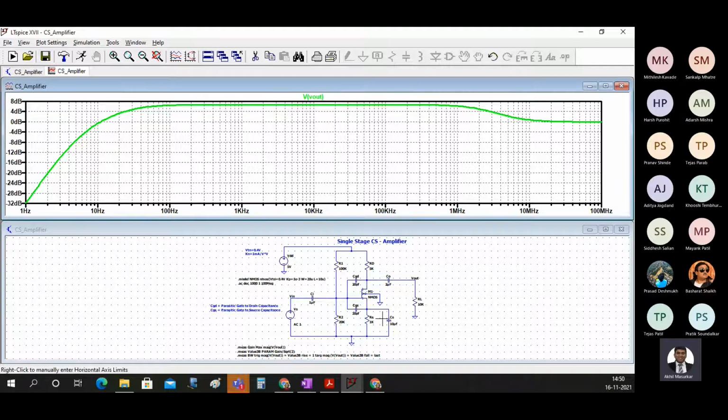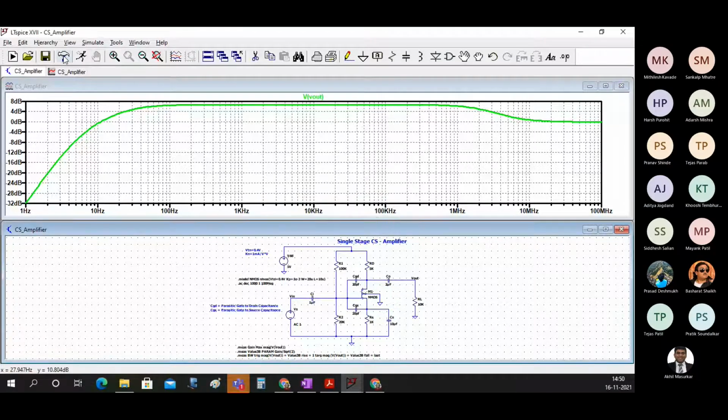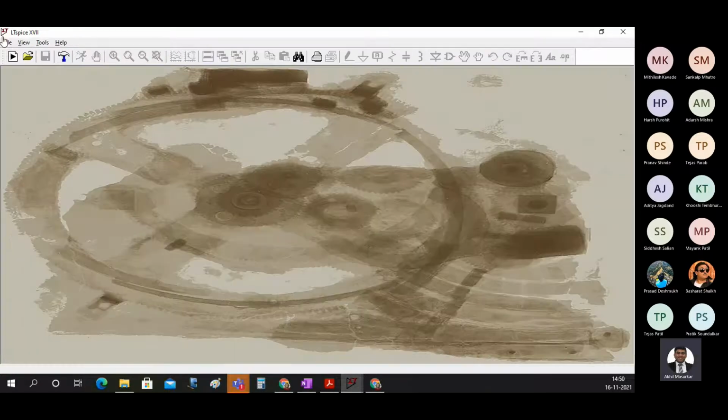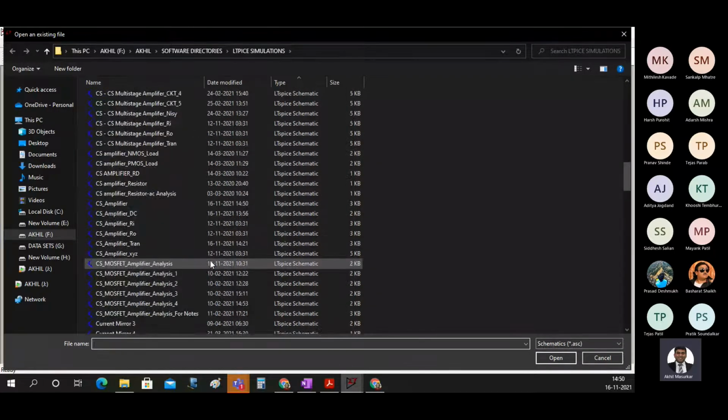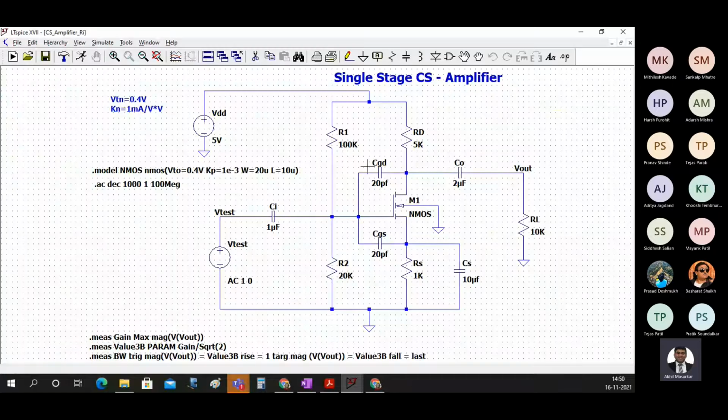Now comes how to calculate RI and RO. So if you want to calculate RI, let's look at this.